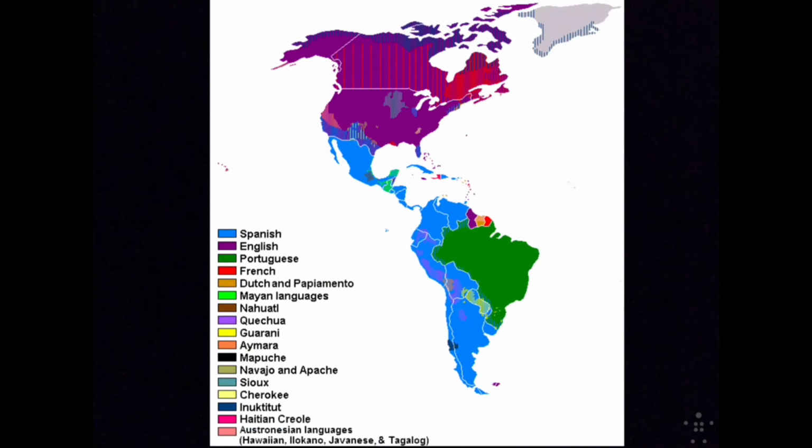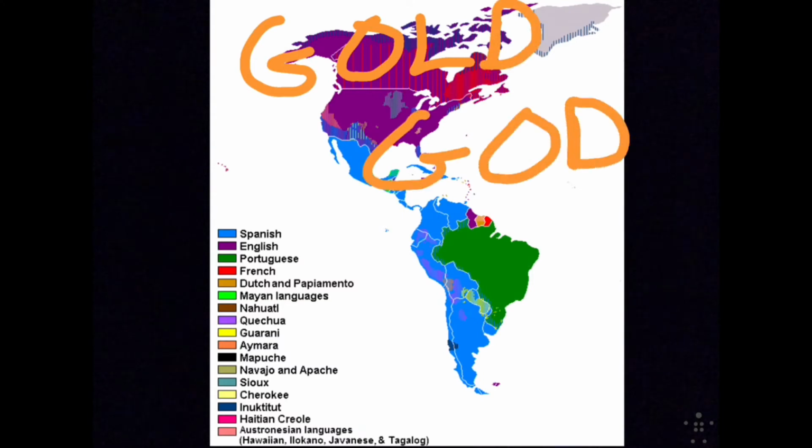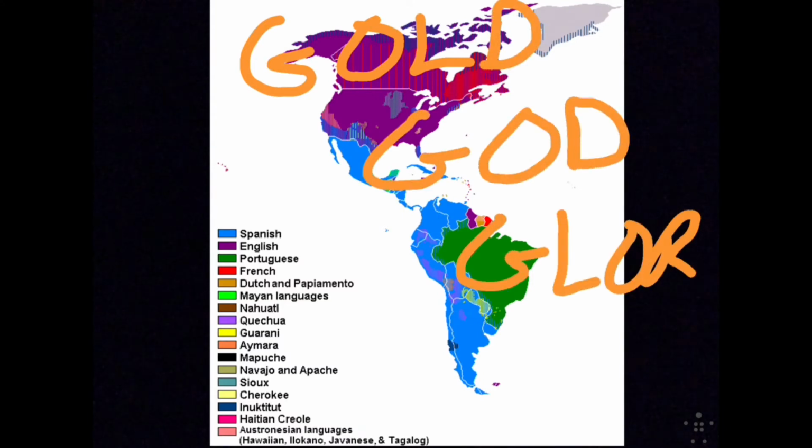Now the next question says, what were the 3 G's that all exploration revolved around? Remember, there are 3 G's that reflect any type of exploration: gold, God, and glory. All exploration revolves around one of these three G's.